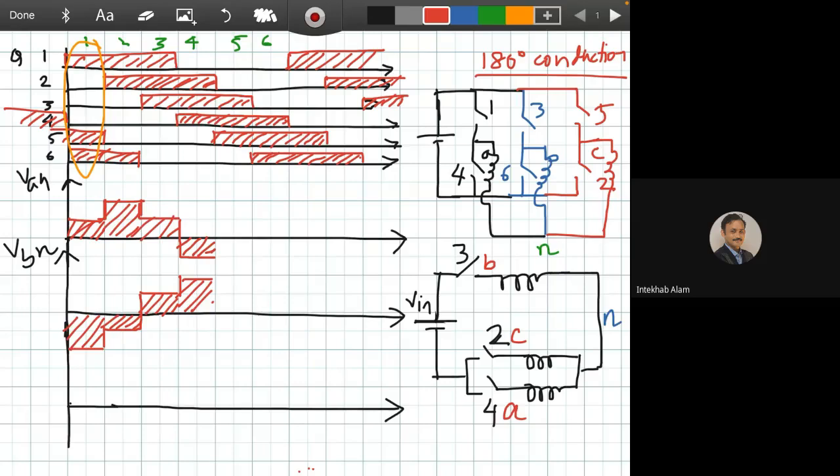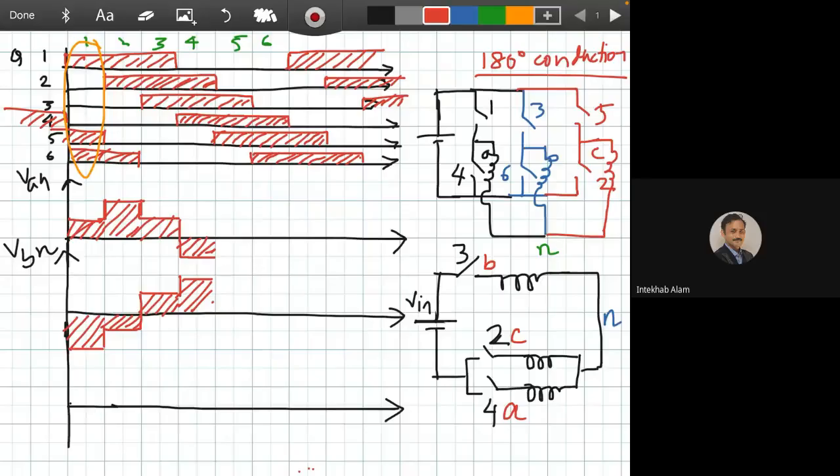Impedance with C and impedance with A are in parallel and they are the same. Since they are parallel, the total impedance will be half. If we connect that impedance with phase B, then it will be 1.5, and taking the KVL or voltage divider rule, we can conclude that the voltage across CN is easily one third of Vin.